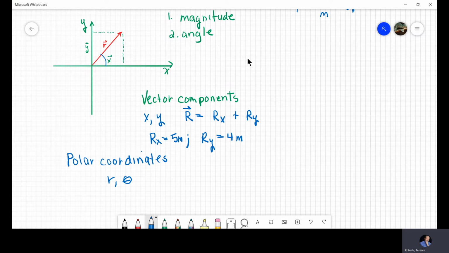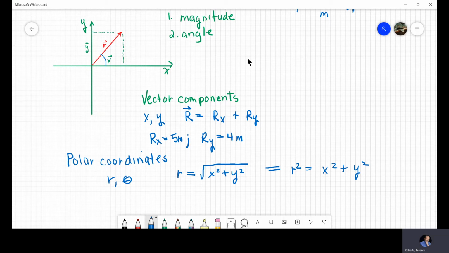And how do we find that? Well, we find it by taking r equal to the square root of x squared plus y squared. And this just comes from the Pythagorean theorem, r squared equals x squared plus y squared.